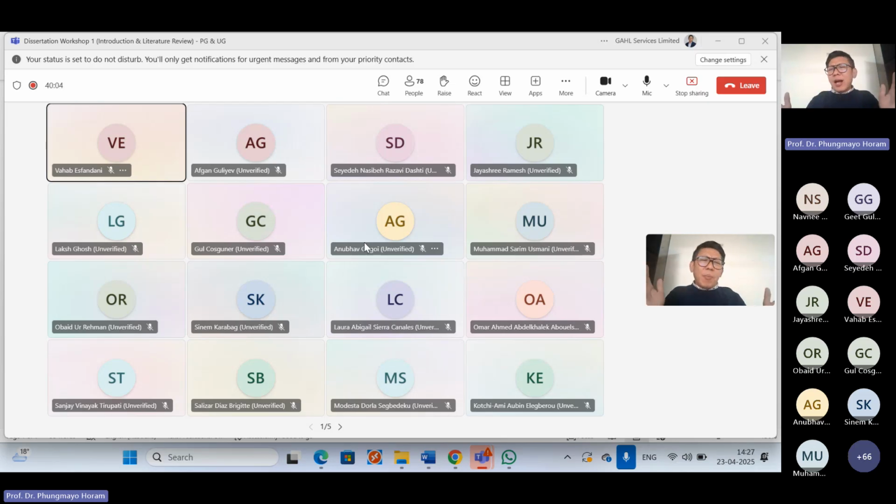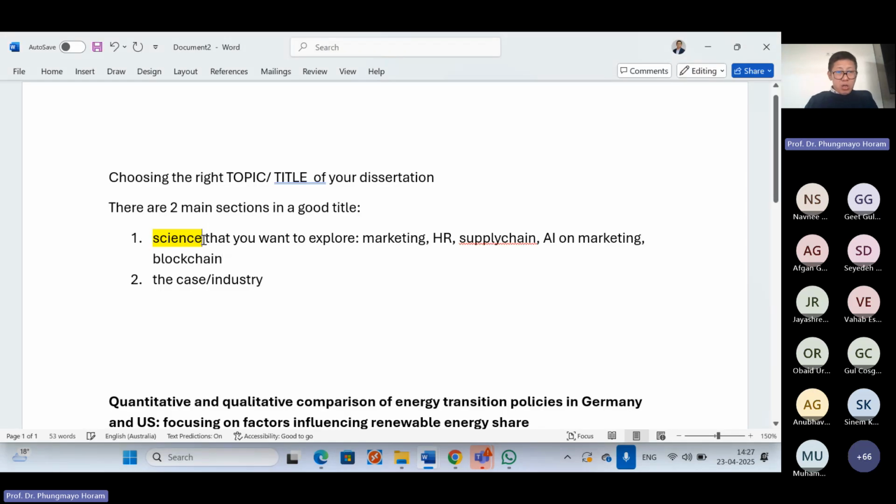You can pick many topics under marketing, right? So marketing is what I'm interested in or what I want to specialize in. In the same way, there are 78 students here today, and each of you will have your own field, the science that you want to explore. So number one, be very clear about what field you want to explore. Okay, field is also a good choice of word.